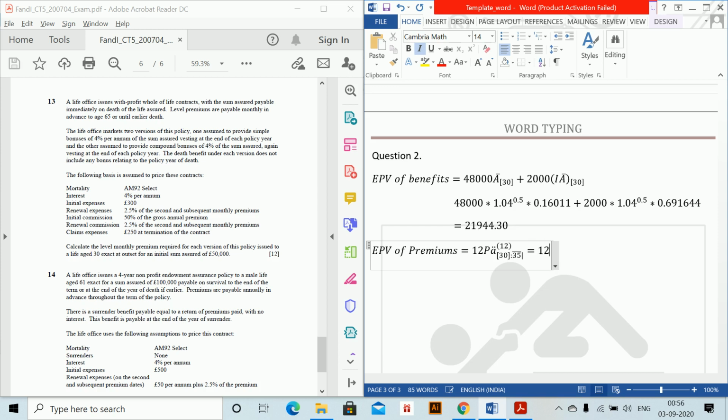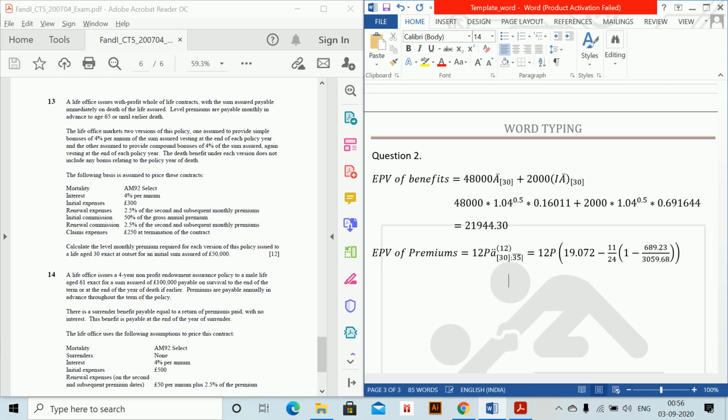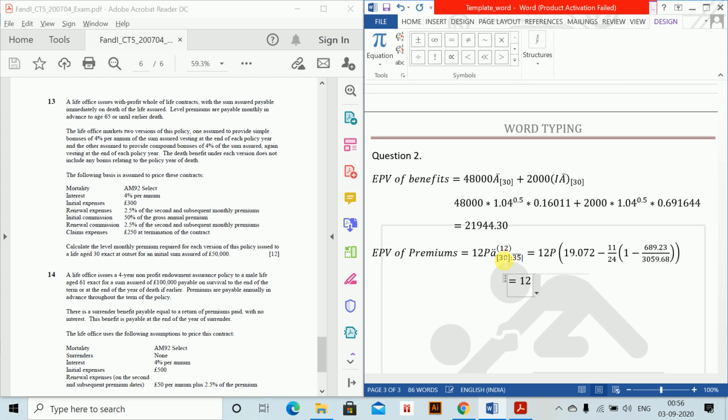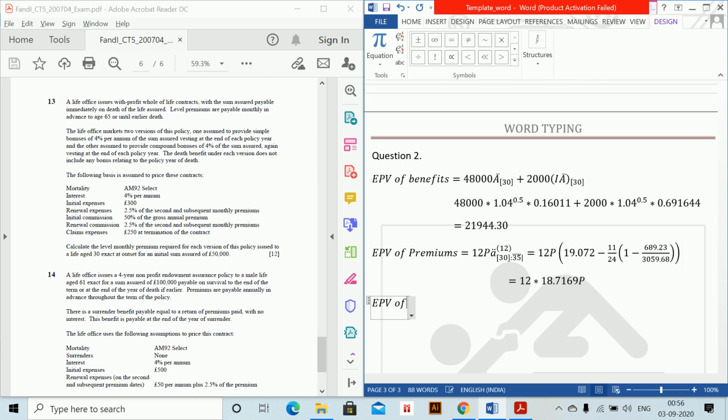So calculating this, 12P brackets 19.072 minus 11 by 24, 1 minus 689.23 divided by 3059.68. Brackets close, brackets close. So this comes down to 12 into 18.71969p.